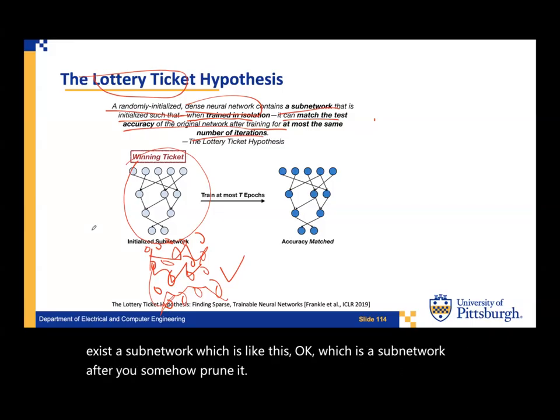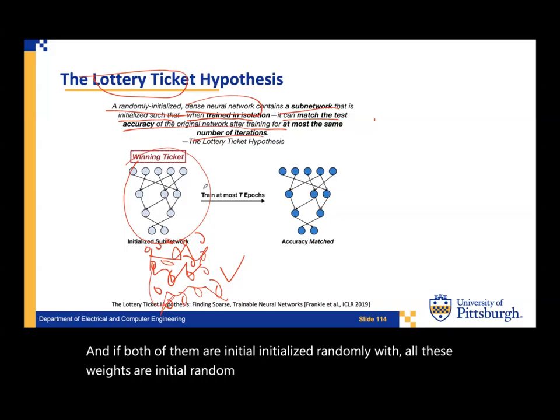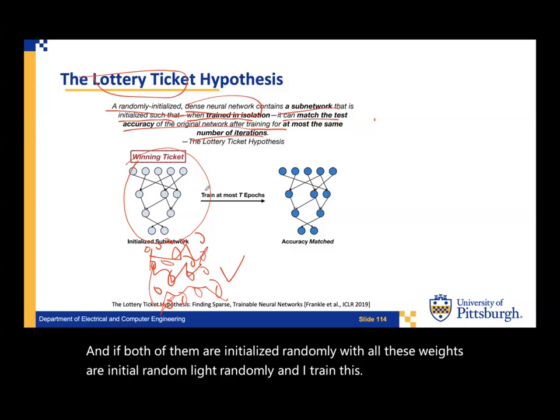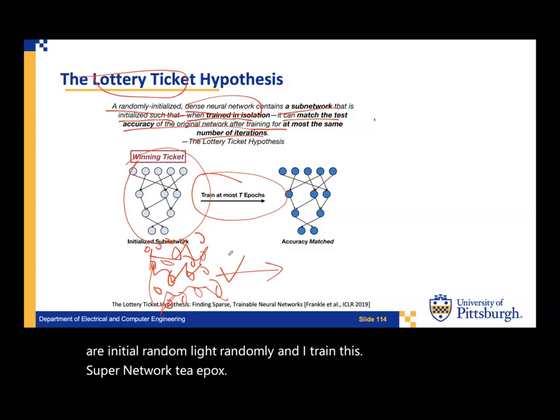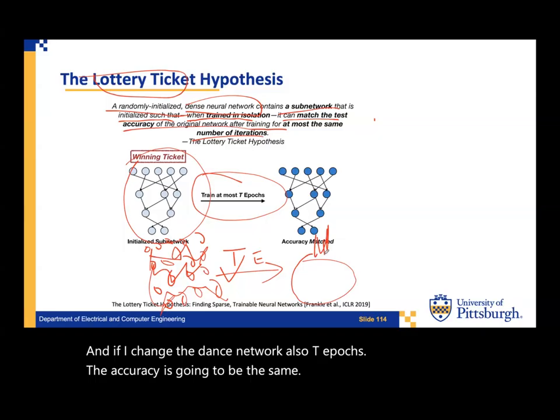If both of them are initialized randomly, and I train this subnetwork for T epochs, and I also train the dense network for T epochs, the accuracy is going to be the same. Does that make sense? And they are trained in isolation.